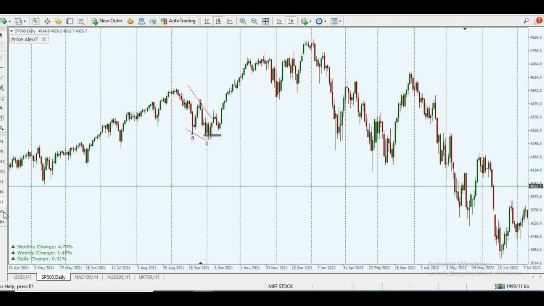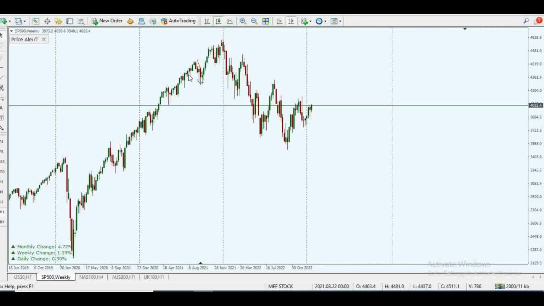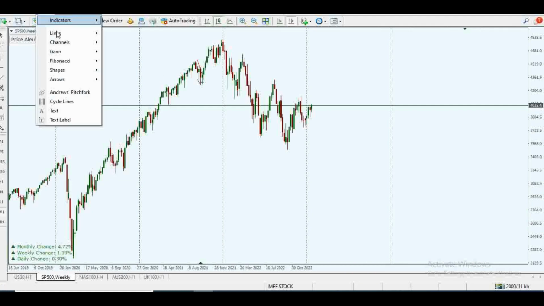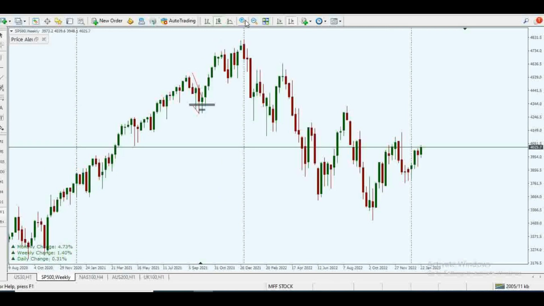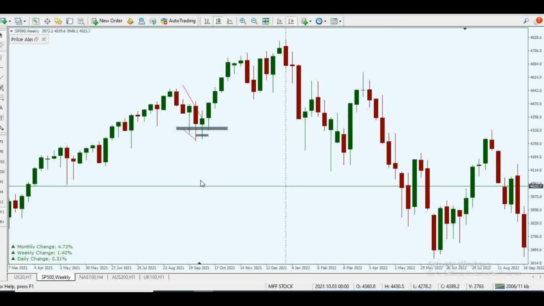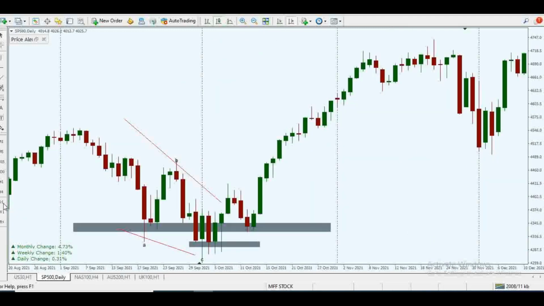But if you look at a weekly scale, we can draw a weekly support, and this is going to be my weekly support here. Let me zoom in a little bit so you can see. If we go back on the daily scale, we see that price sits nicely on the weekly support area before reversing.